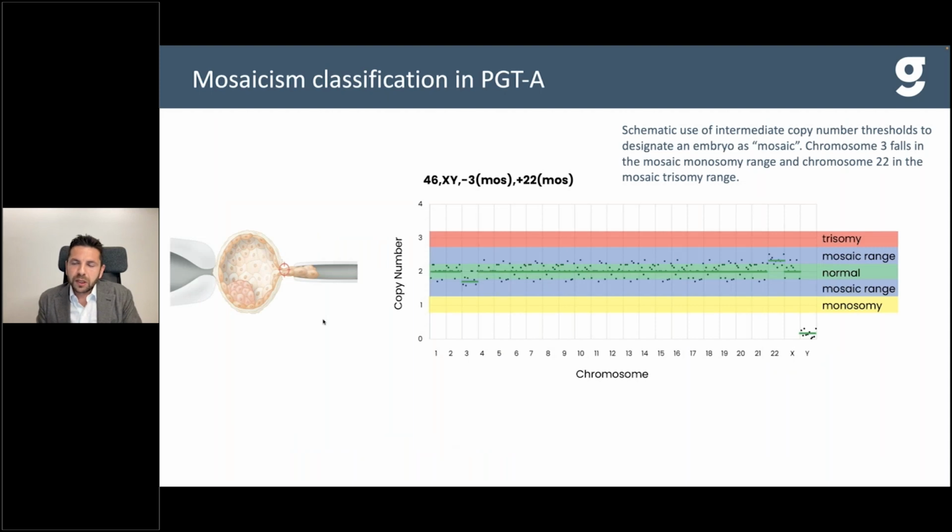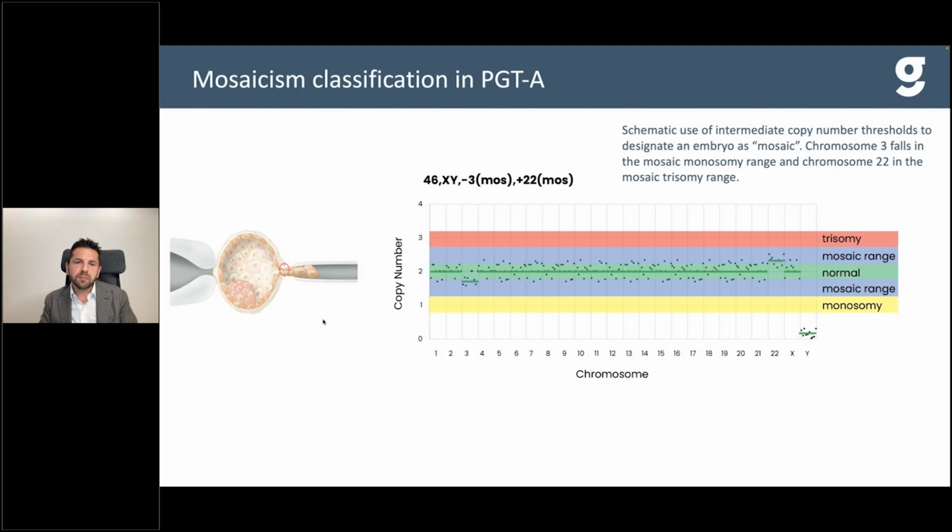Now, going more to the technical considerations, how do we define and designate mosaicism in PGT-A cycles with next generation sequencing? The typical approach is that we take a trophectoderm biopsy that can be made up of different numbers of cells, from 2 up to 10, 15 cells.